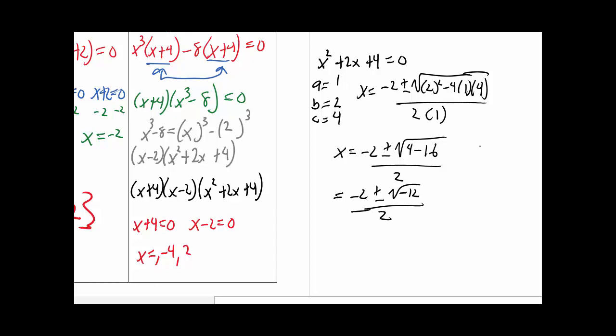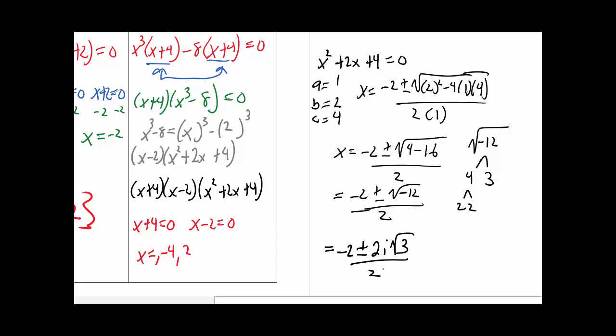All right, so then we have to remind ourselves, how do we break 12 up? Well, the negative part means that we have an i on the outside, so I'm not too stressed about that right now. But 12, what you have to remember is 4 times 3, and that's 2 times 2. So within 12, I've got a pair of 2s, so I can simplify and bring a 2 on the outside. So that's negative 2 plus or minus 2i times the square root of 3 over 2.